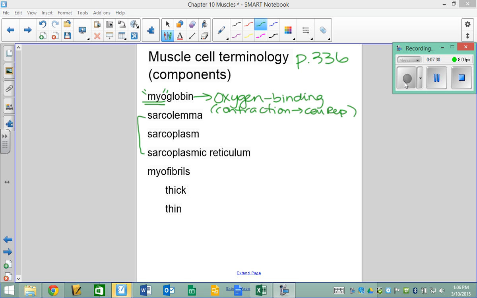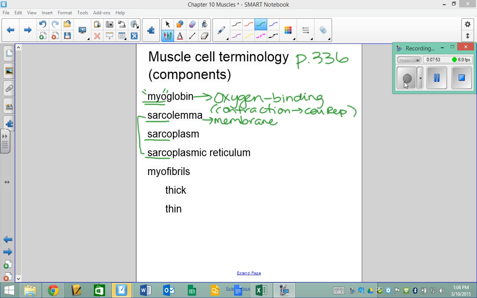Now the next few pieces are all in terms of your muscle cell itself. So they're parts of the muscle cell. They all start with sarco. And like I mentioned yesterday, sarco is telling us we're talking about a muscle cell. The sarcolemma is the membrane of a muscle cell. That's what it is.